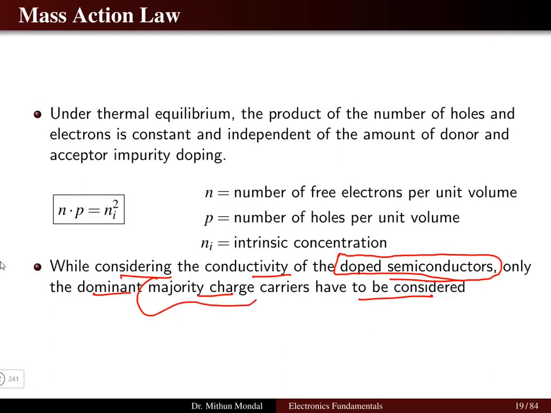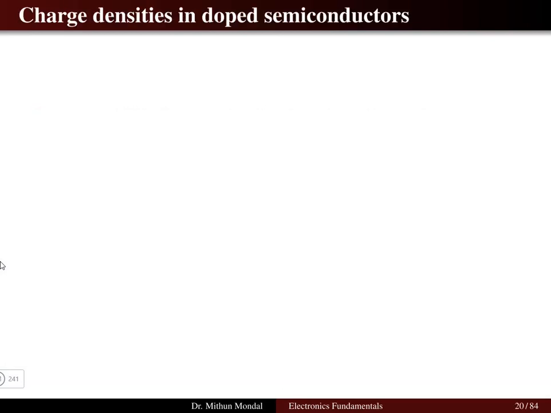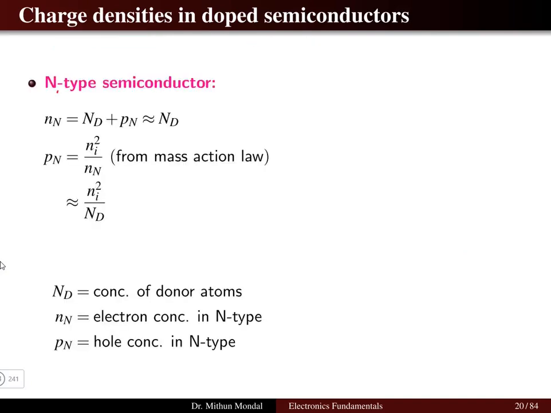So if we are considering the extrinsic or doped semiconductor, which is the majority doping that we need to consider? Let us understand the charge densities in the doped semiconductor. In an n-type semiconductor, the number of electrons will be equal to the donor impurity electrons plus the holes, and the majority charge carriers will be the donor electrons. From the mass action law, the number of holes will be equal to Ni squared by Nn.